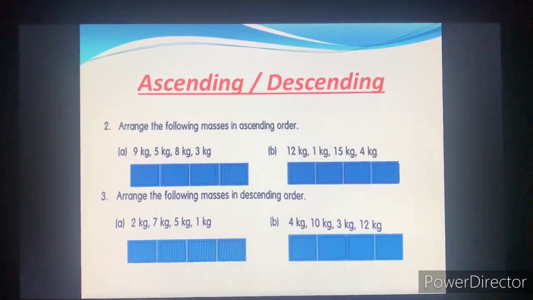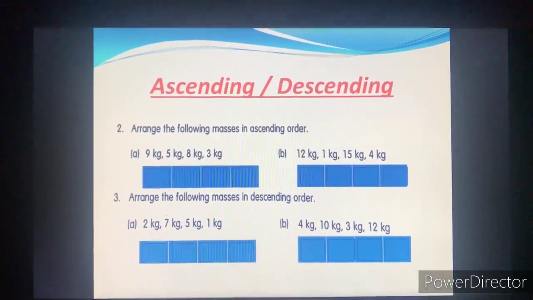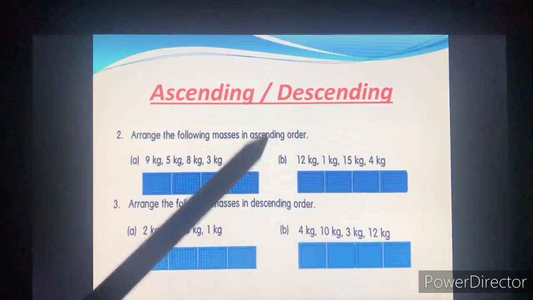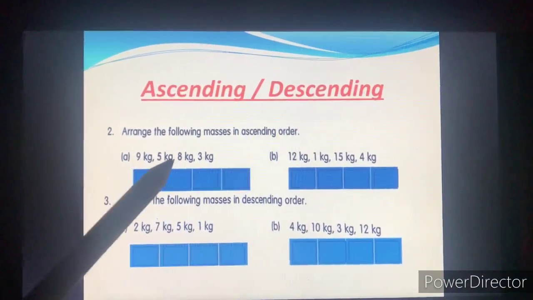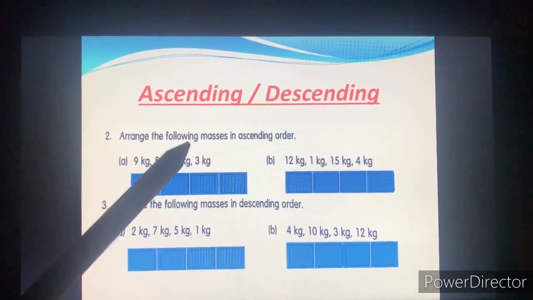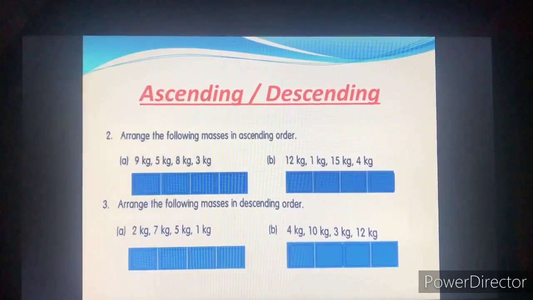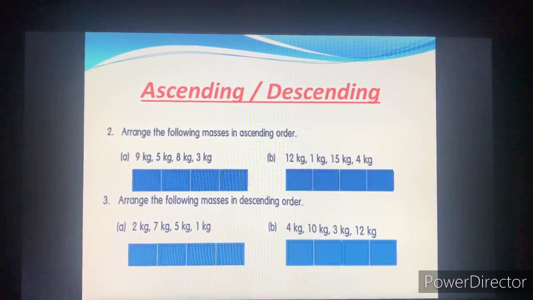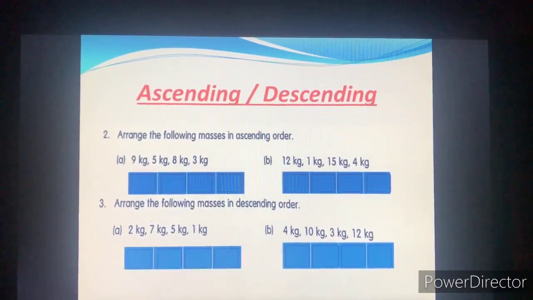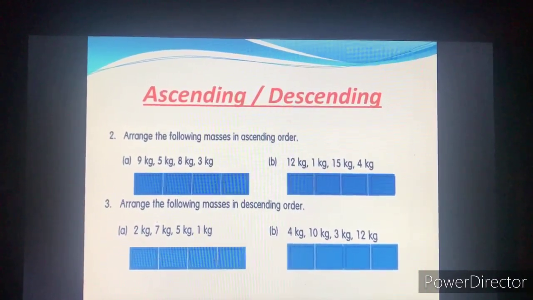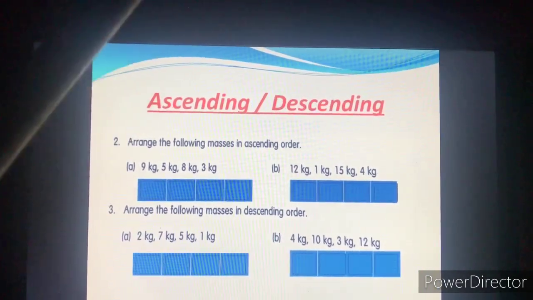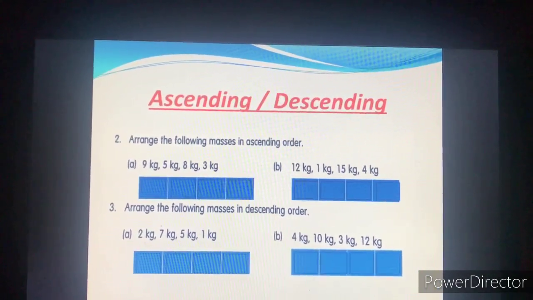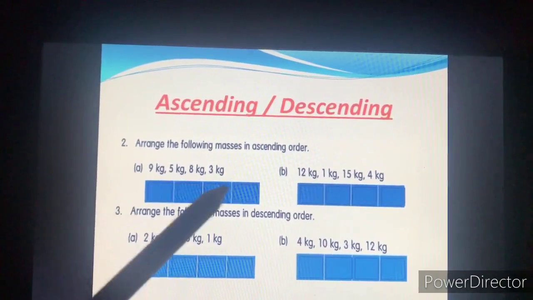Arrange the following masses in an ascending order. So, part A is 9 kg, 5 kg, 8 kg, 3 kg. You have to arrange them in ascending order. What is an ascending order? From smallest to bigger. Okay, so what is the first smallest digit in them?